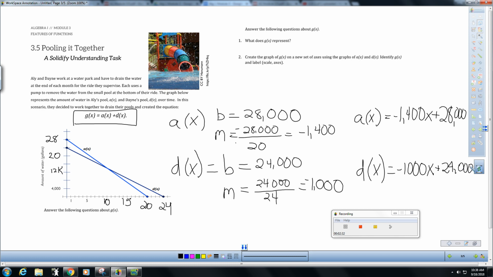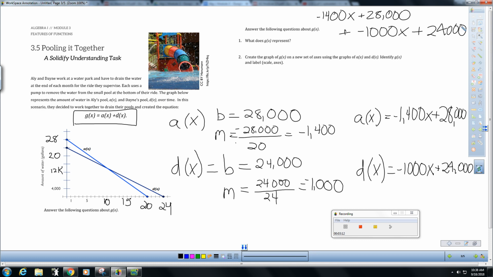So, g of x is a of x plus d of x. So what is negative 1,400x plus 28,000 plus negative 1,000x plus 24,000?